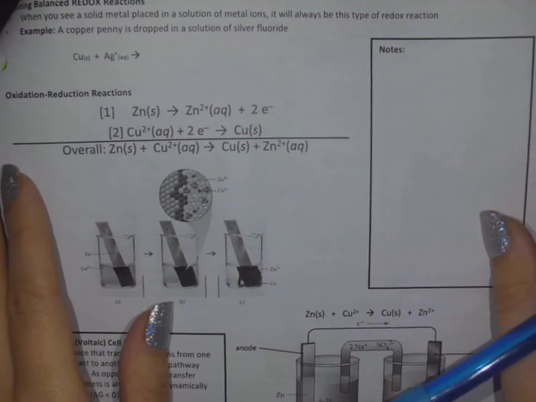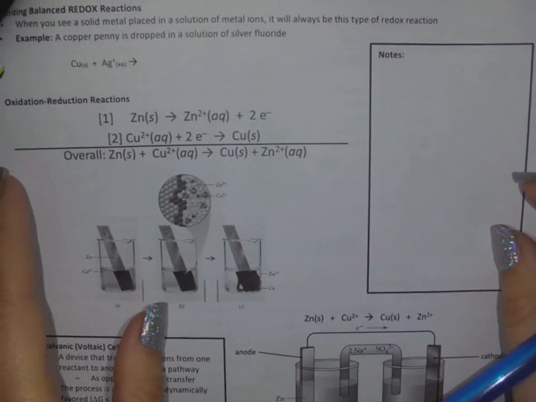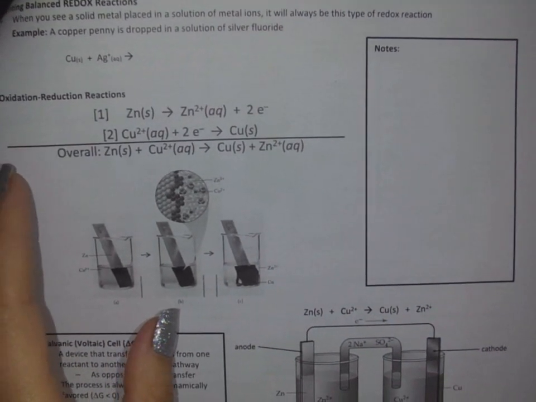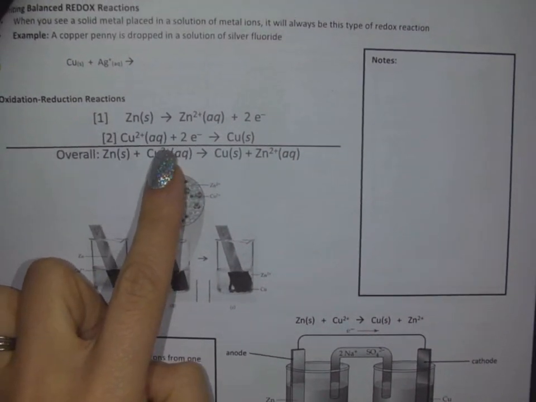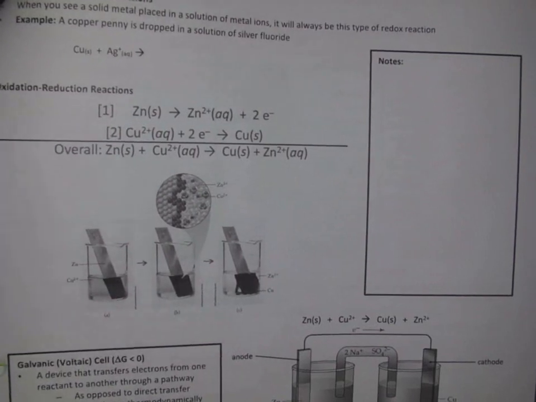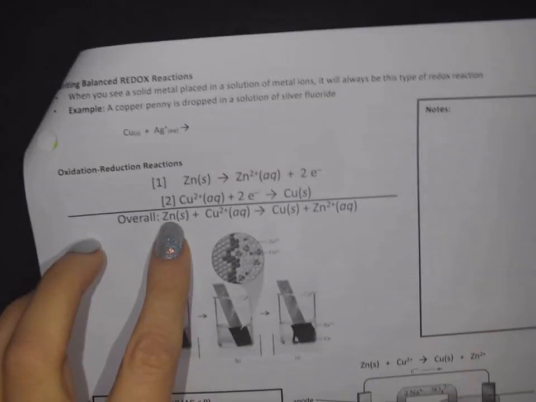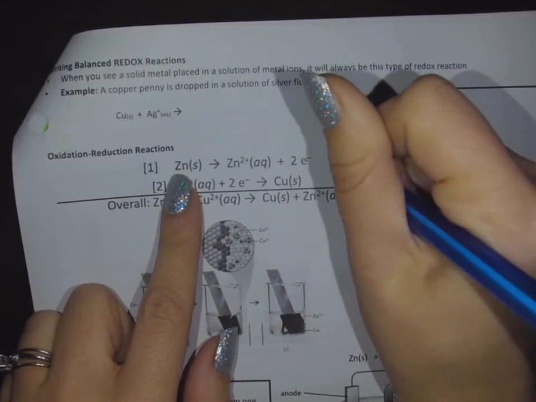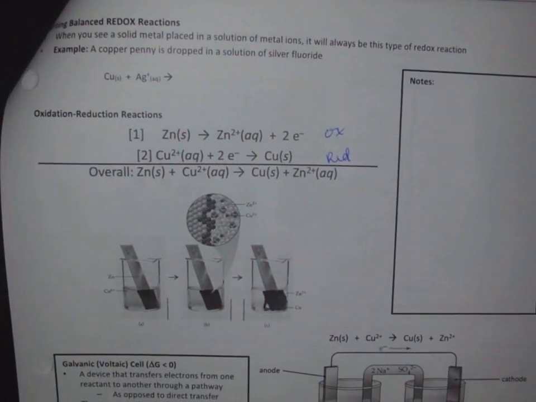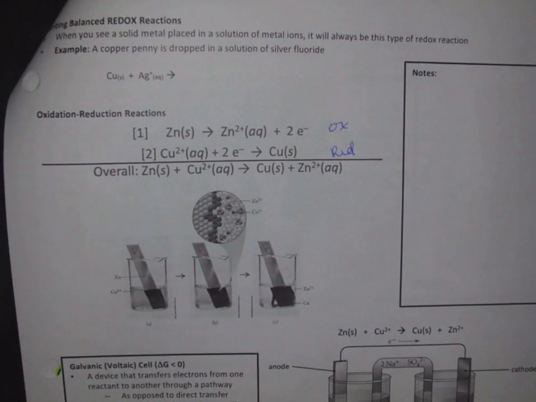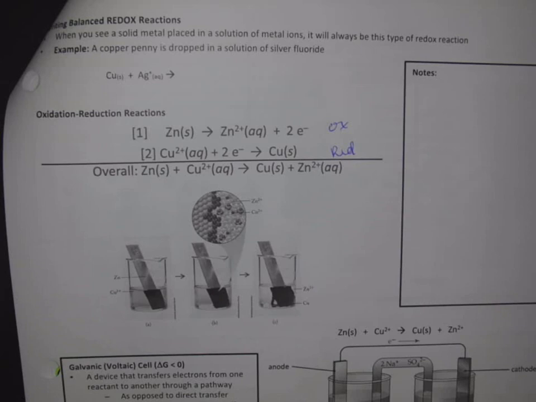So we have these half reactions, okay? We have the zinc half reaction and then the copper half reaction. We said that zinc oxidized and copper reduced. And if we combine those half reactions, then we get that full overall reaction that we were just looking at together.